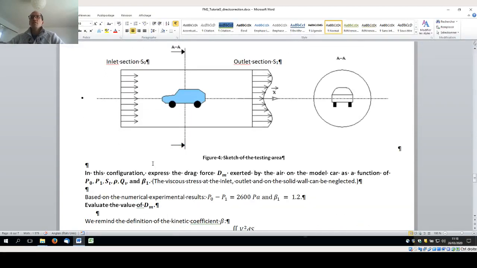So the idea is to be able to express the drag force. So what is the drag force? This is the force exerted by air on the car, okay, as a function of P0, P1, the flow rate, the different sections, and beta, which is the kinetic coefficient.